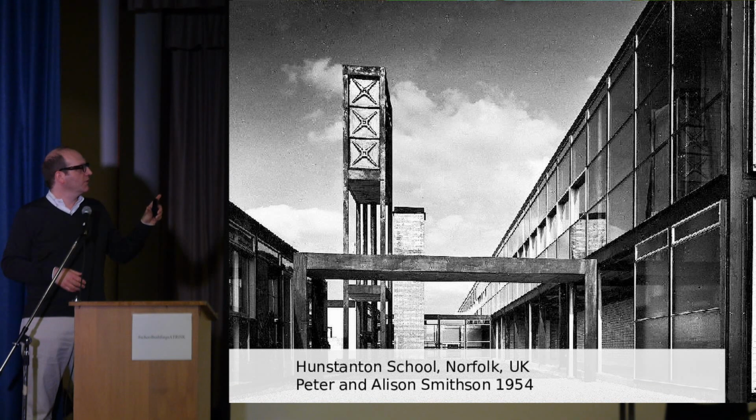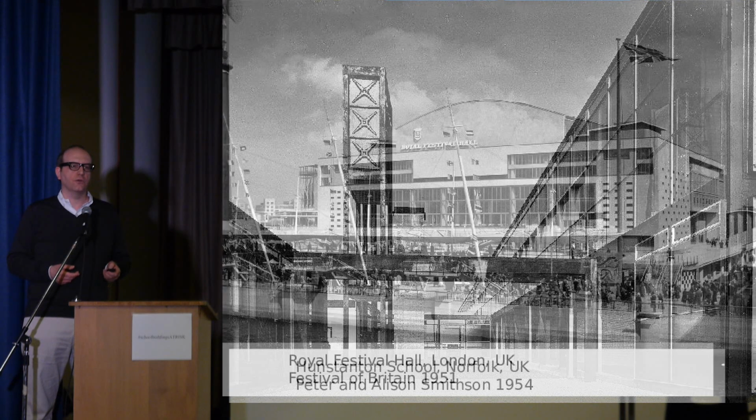This is perhaps a bit of an outlier: Hunstanton School by Peter and Alison Smithson. This became hugely publicized at the time. It's kind of the Mies van der Rohe interpretation of the school, similar to buildings he'd done at MIT. This was a less popular interpretation, but it was certainly one of the schools of thought out there at the time.